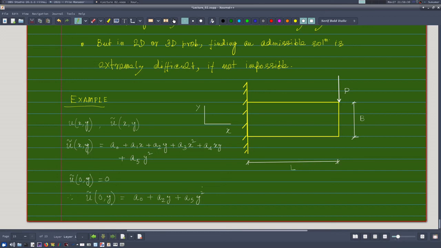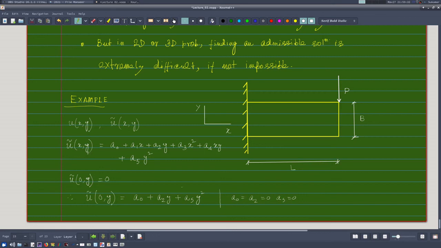In that case, a0 will be 0, a2 will be 0, and a5 will also be 0 by putting that condition when x is 0.